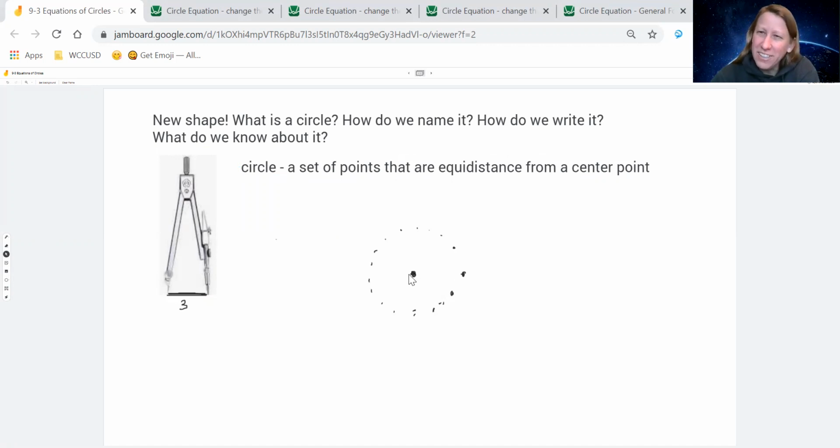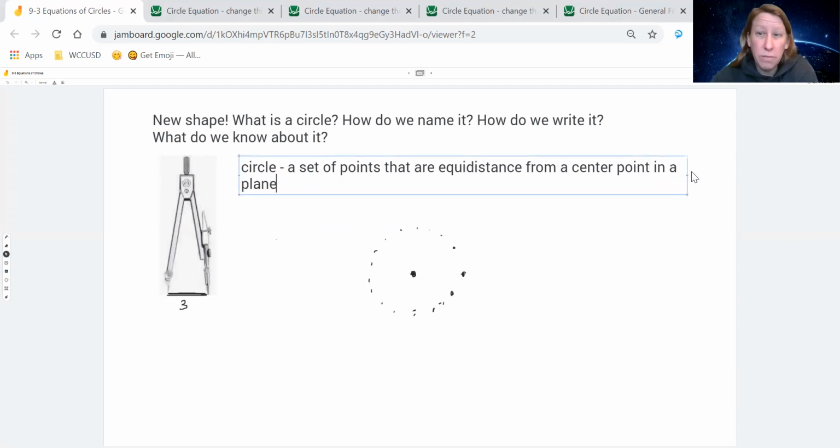It's here. Is this in the circle? I guess this is in the circle. Okay, but this point right here where we stab the paper, that is the most important point of the circle because that defines where the rest of the points are around. And I should actually say in a plane.